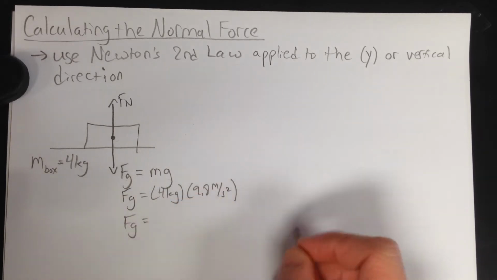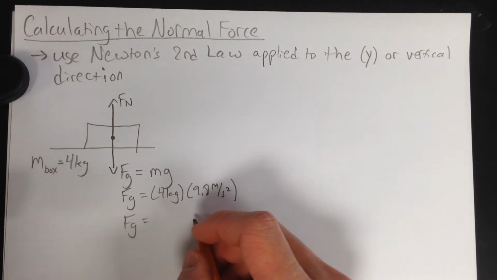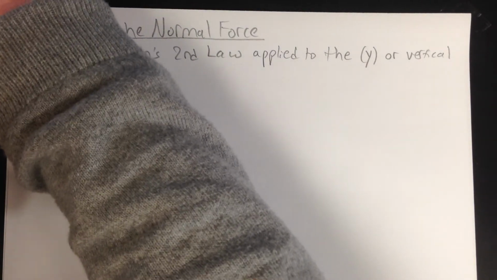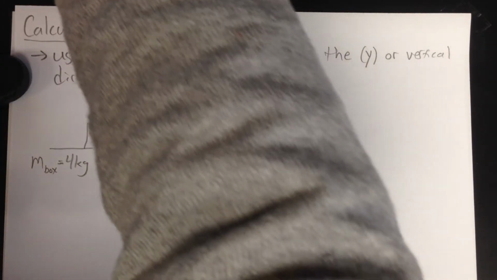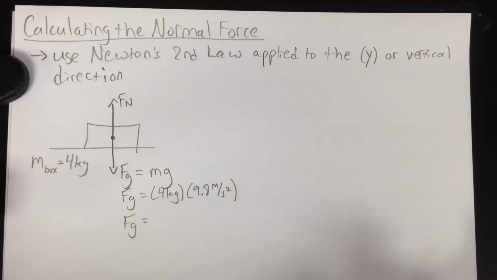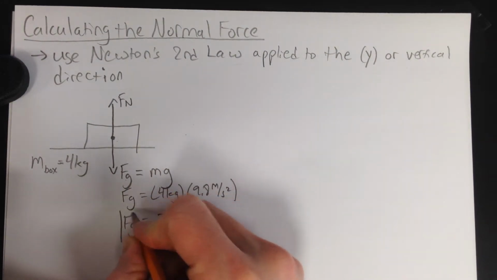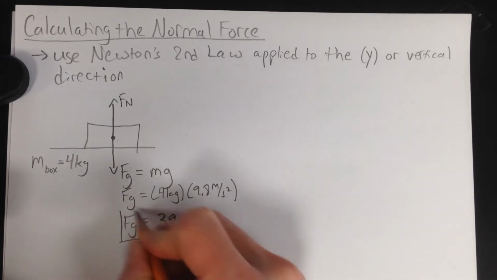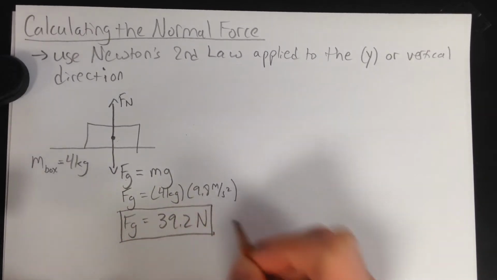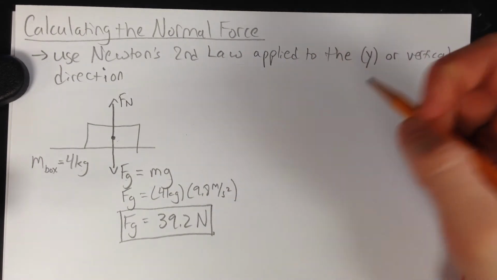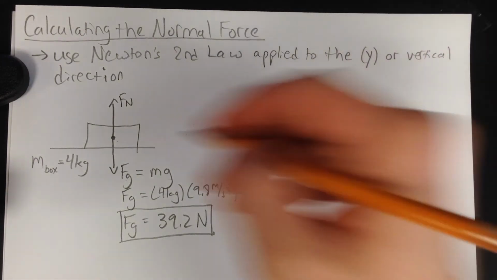So the weight is mass times 9.8. It's 4 times 9.8. Take out your calculators. 39.2 newtons. So that's the weight. That's the weight, but how much is the normal force?